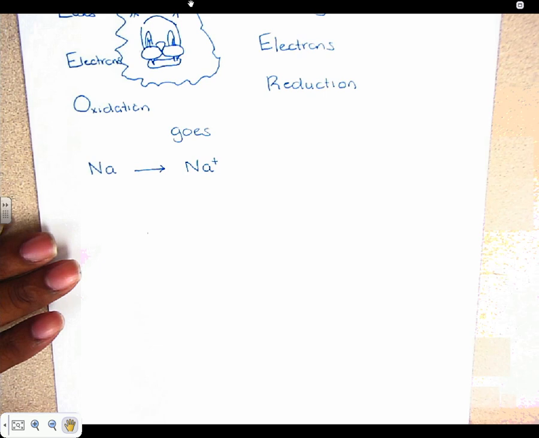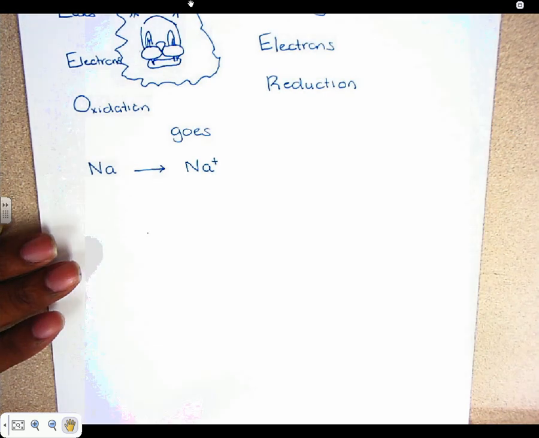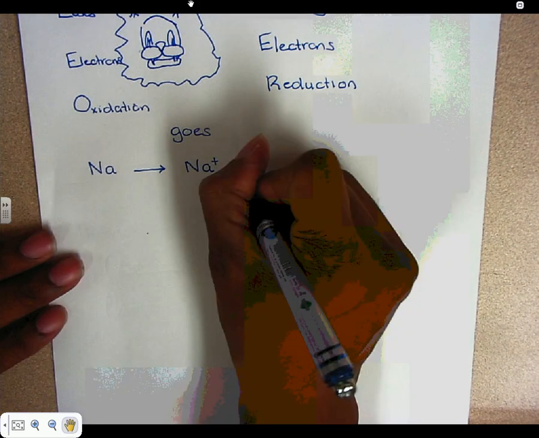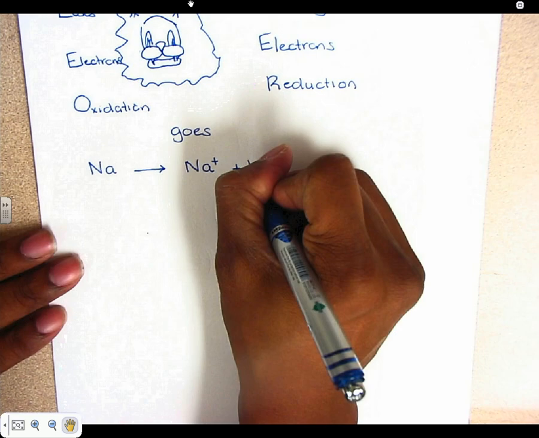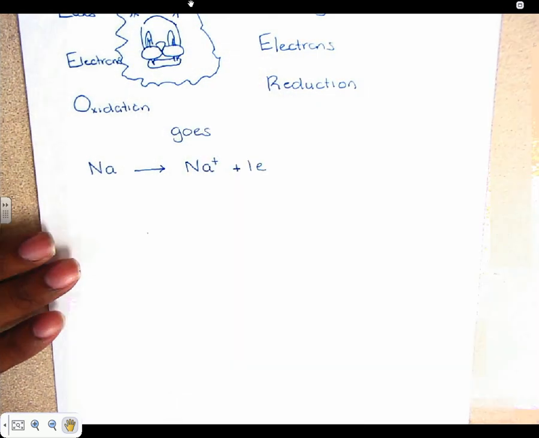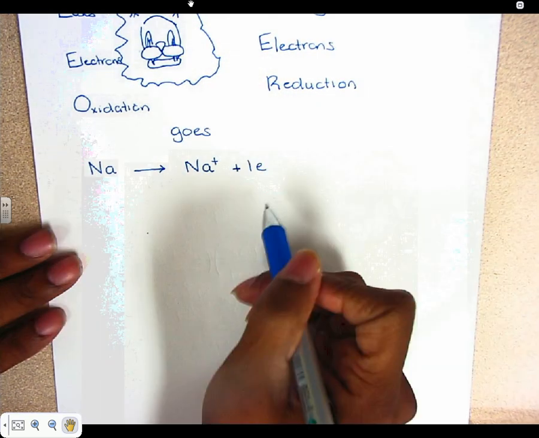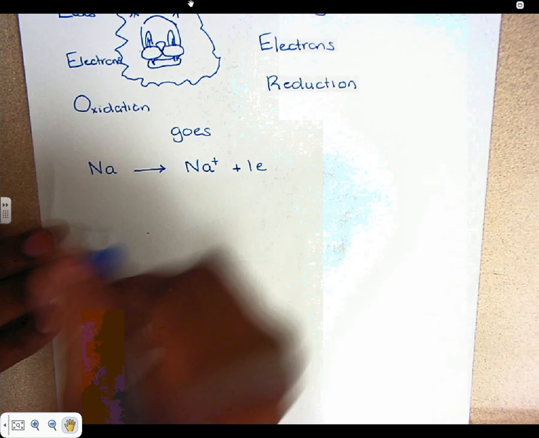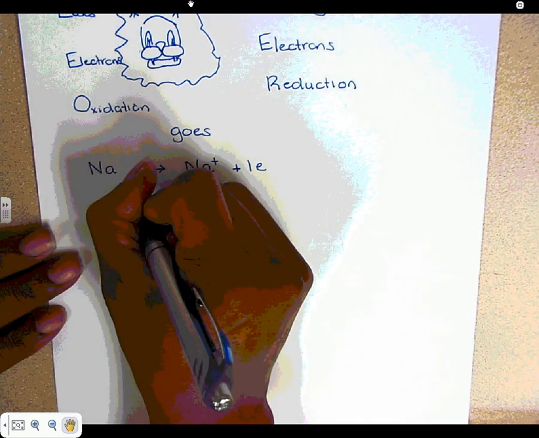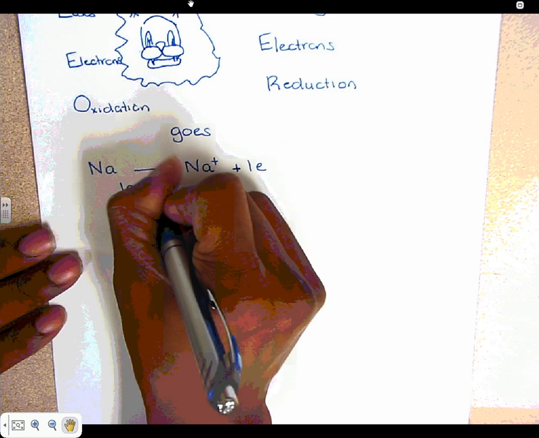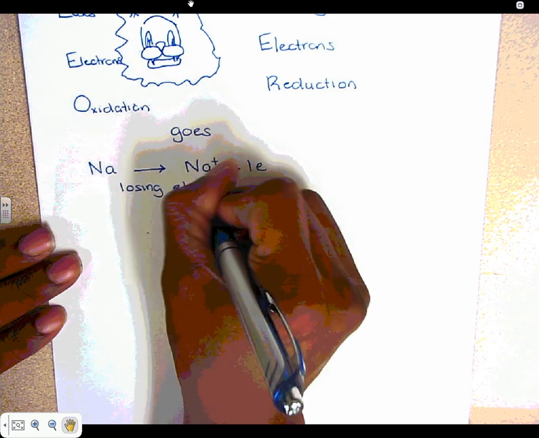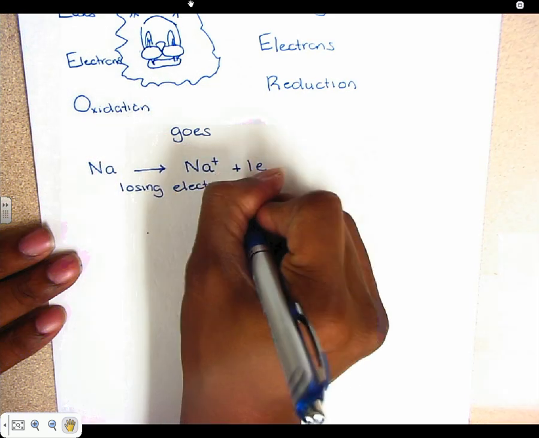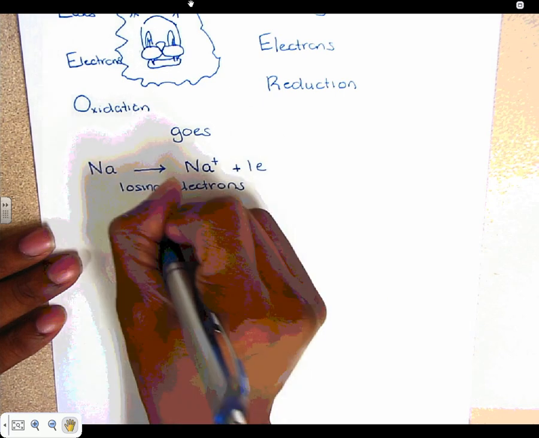Now, when it forms this cation, this means that it has lost its electrons. And now you have that process of that electron being represented. Now, this defines losing electrons. And when you lose electrons, that is going to be oxidation.